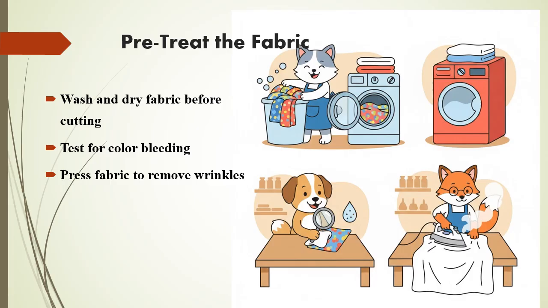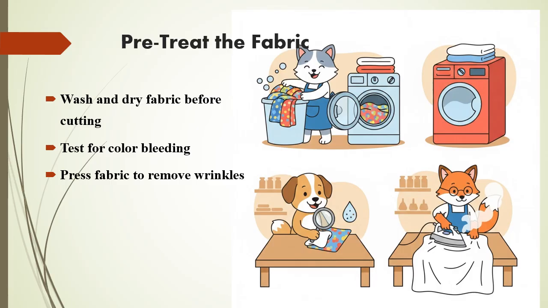The next stage is to press the fabric to remove the wrinkles. The heat setting is always important when pressing fabric because each and every fabric acts differently at different temperatures. When we are pressing cottons, we require a different heat setting.